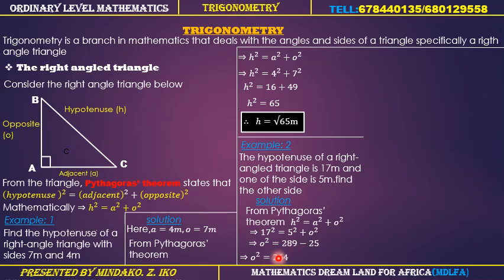Therefore o squared equals 264, but we are not looking for o squared. We are looking for o, where o is the opposite. So it implies that o equals root 264 meters. That is the value of o, which is the other side according to the equation.